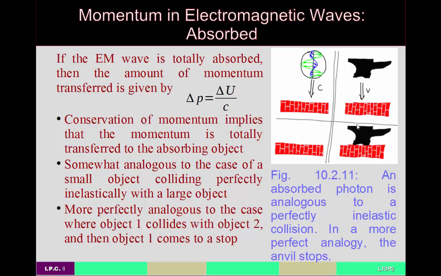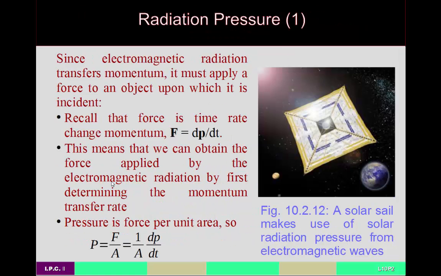That is total absorption. Now, if electromagnetic radiation is going to transfer momentum, then by Newton's laws, it basically has to be applying some sort of a force. So the photon applies a force to the wall. All right, well, force, you'll recall, is dp/dt.